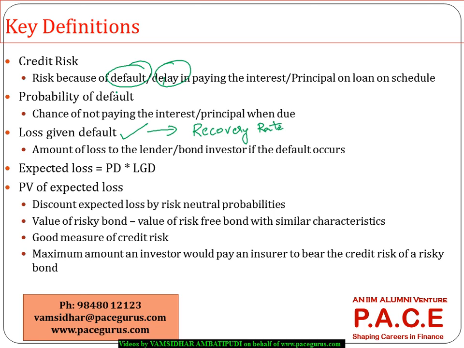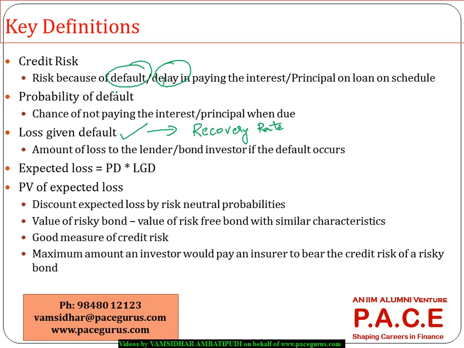The loss given default is very much associated with the recovery rate. Both are inversely related, because if the recovery rate is around 90%, meaning how much I can recover from the other party in case of default, then 10% forms the loss given default. If 90% is the recovery rate, 10% becomes the loss given default. That is the relationship between these two definitions.